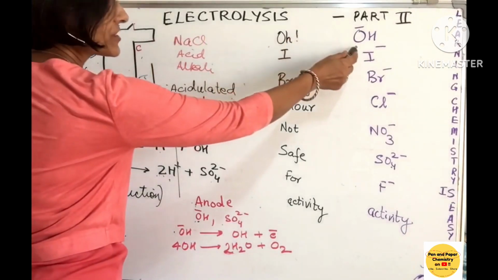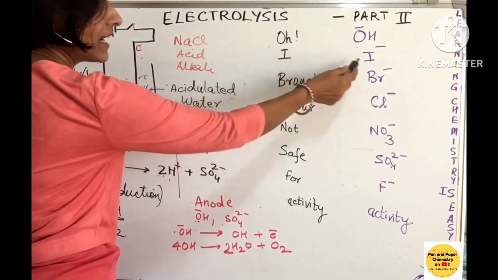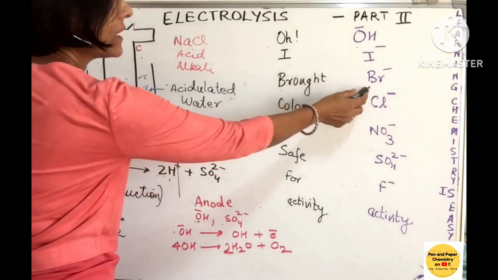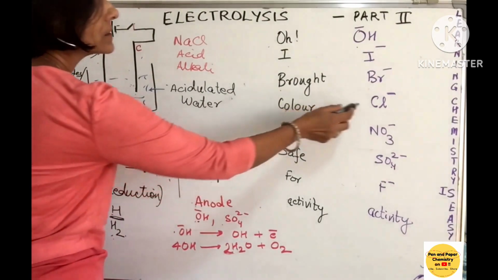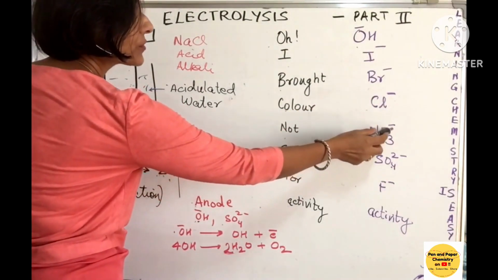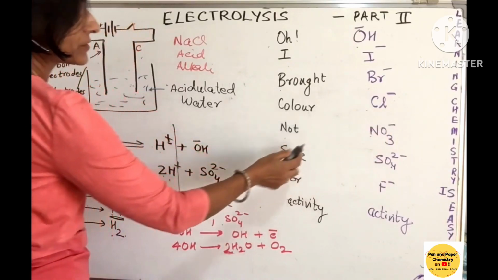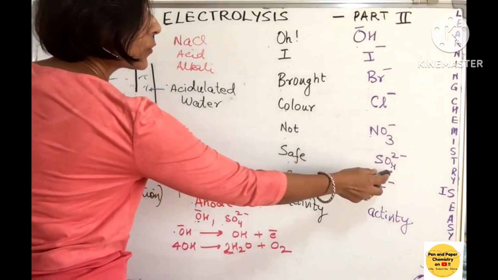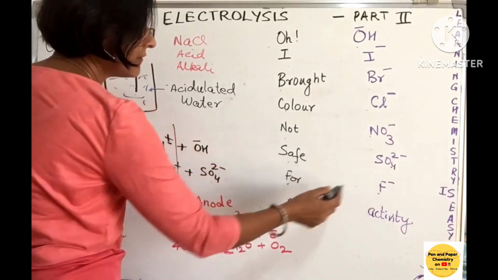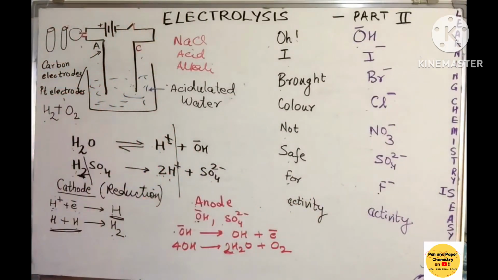O, OH negative, I negative, that is iodide, brought, Br negative, color, Cl negative, not, NO3 negative, that's the nitrate ion, safe, SO4 2 negative, sulfate ion, for F negative, activity, right?